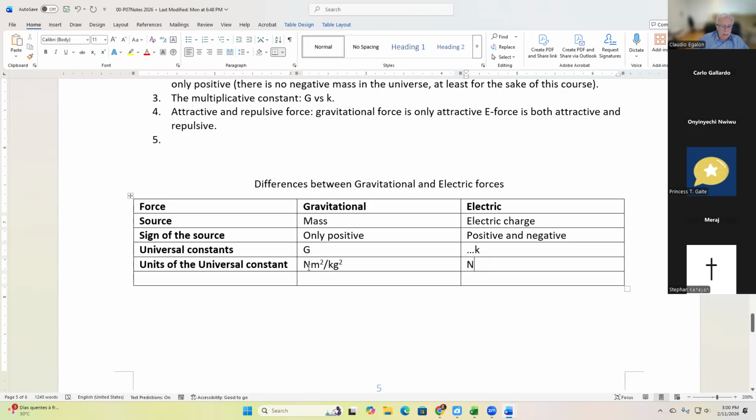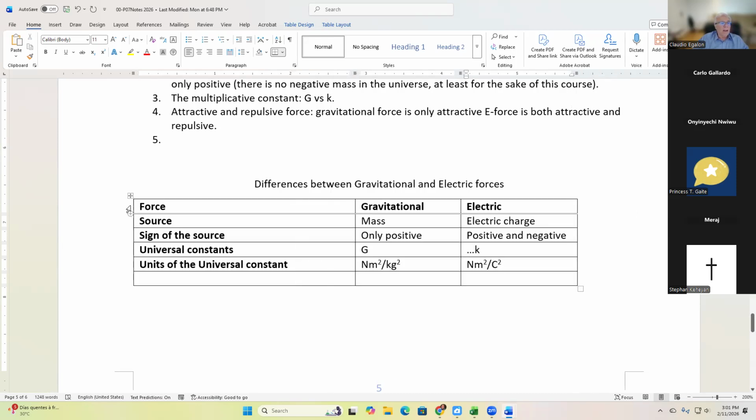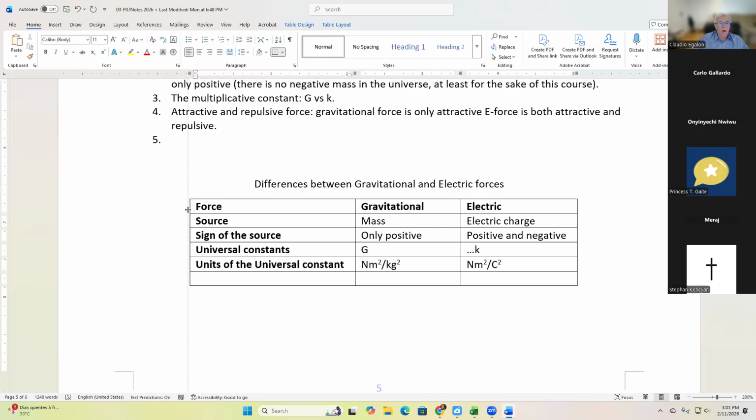Again, N, Newton, meter square, but instead of kilogram square, it's going to be Coulomb square. That's the unit of this constant. Can I come up with some other units of the universal constant? Okay, attractive and repulsive force. Attractive and repulsive.